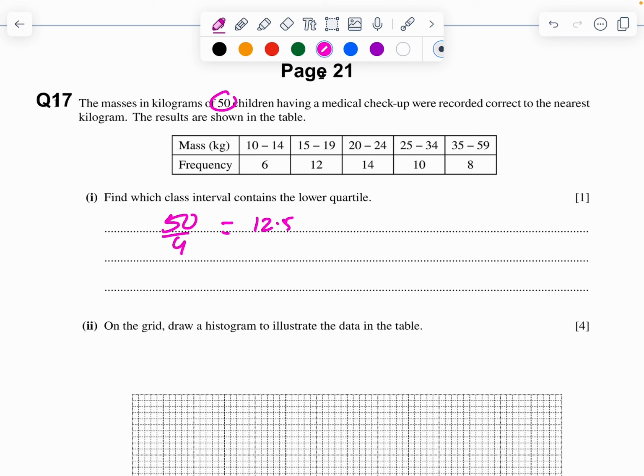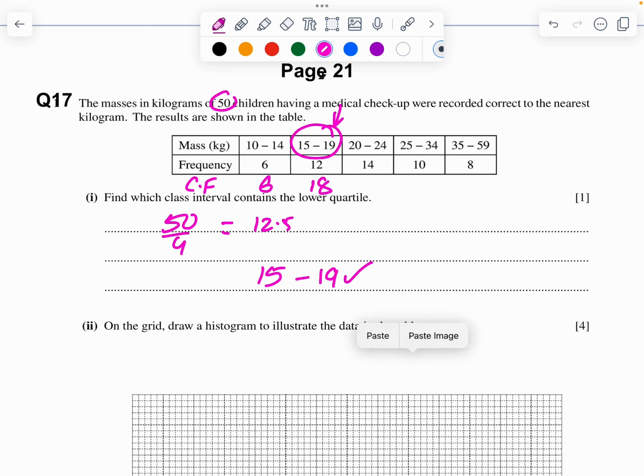So it is almost the 13th one. Where is the 13th one? If I find the cumulative frequency, 6 and 18, 13 lies in the range of 15 to 19. So that is the class where we get the lower quartile.